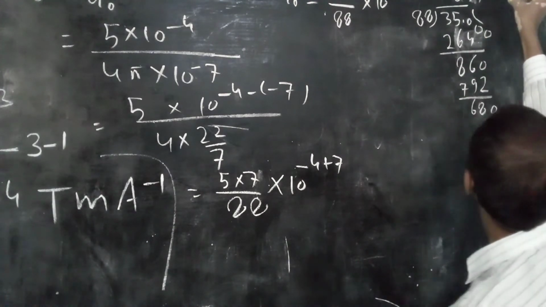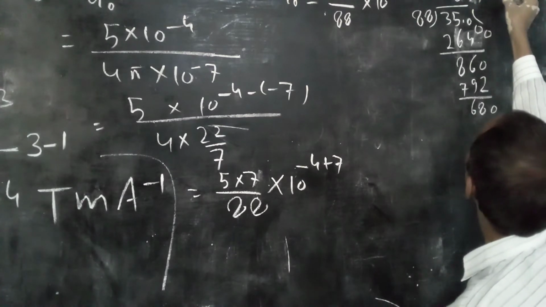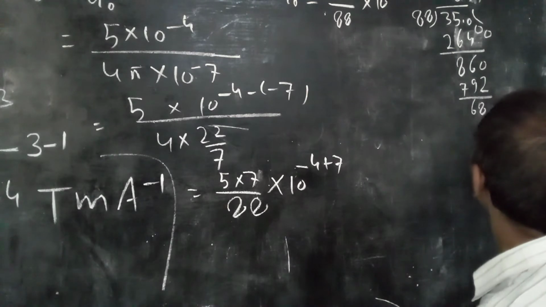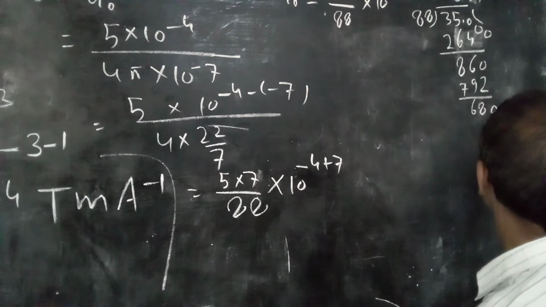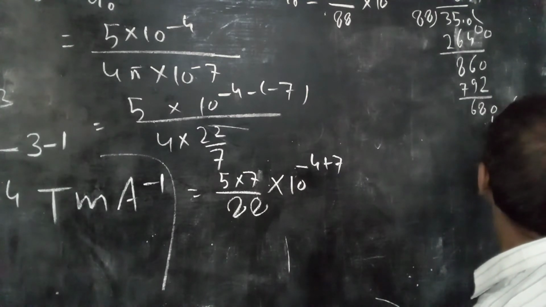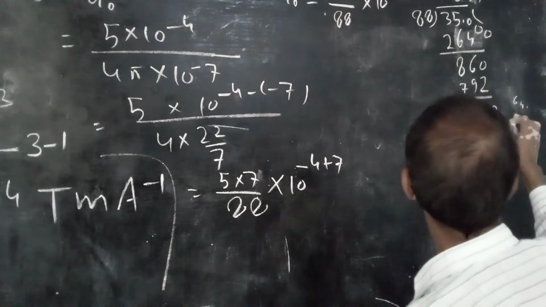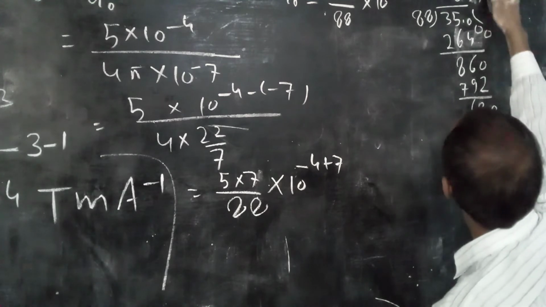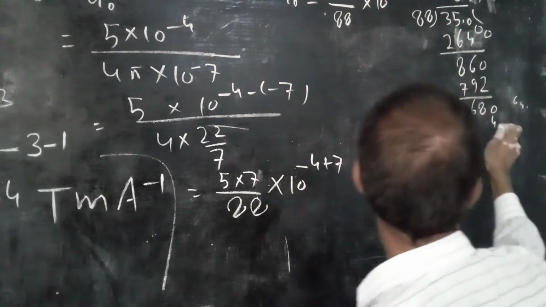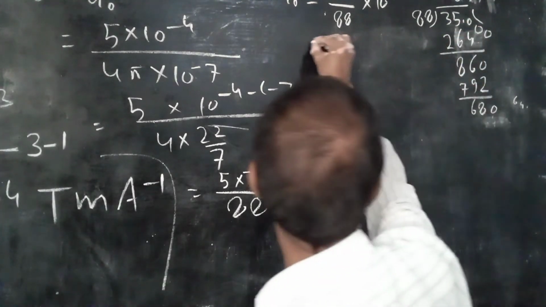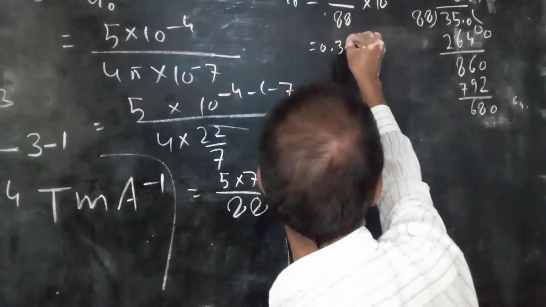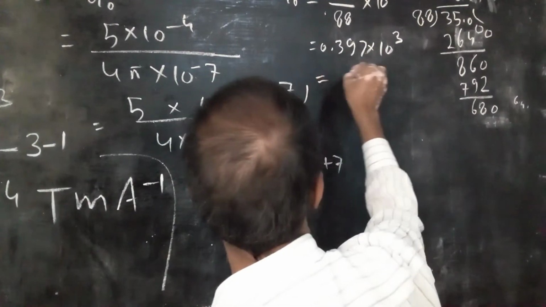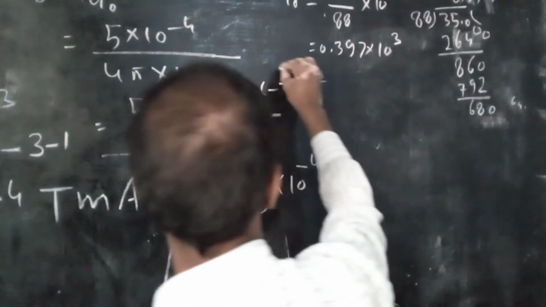Then you get 0.397. Now multiply this by 1000.